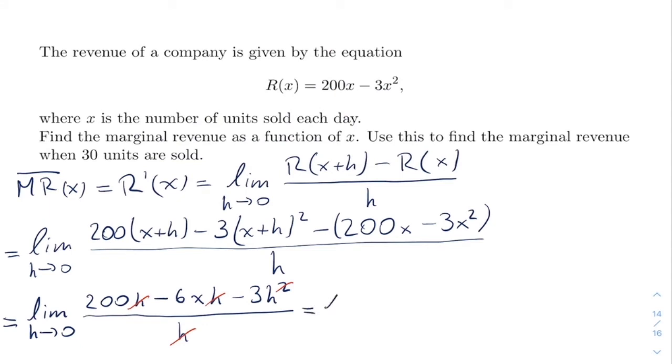And in the end, we will have that the marginal revenue is equal to the limit when h goes to 0 of 200 minus 6x minus 3h, which is exactly equal to 200 minus 6x.